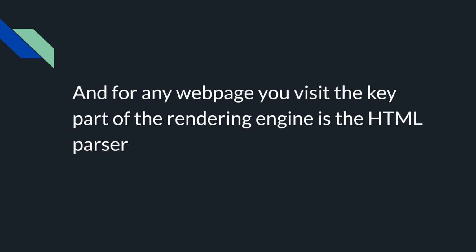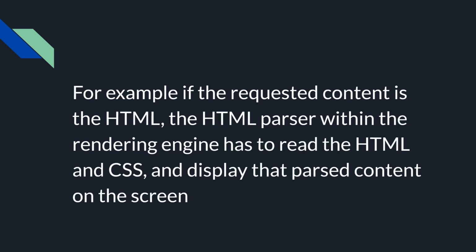For any web page you visit, the key part of the rendering engine is the HTML parser. For example, if the requested content is HTML, the HTML parser within the rendering engine has to read the HTML and CSS and display that parsed content on the screen.